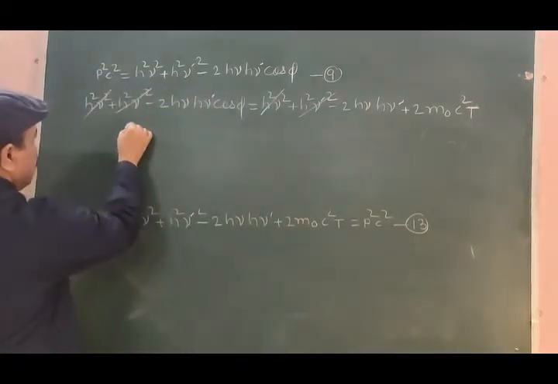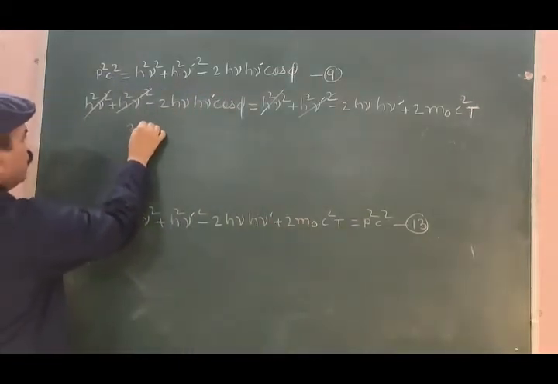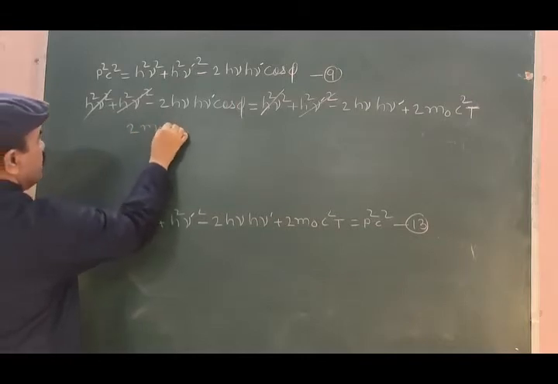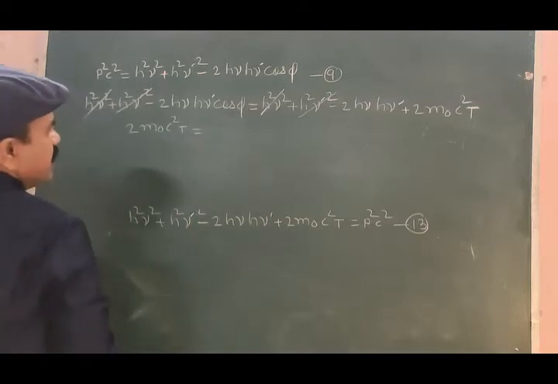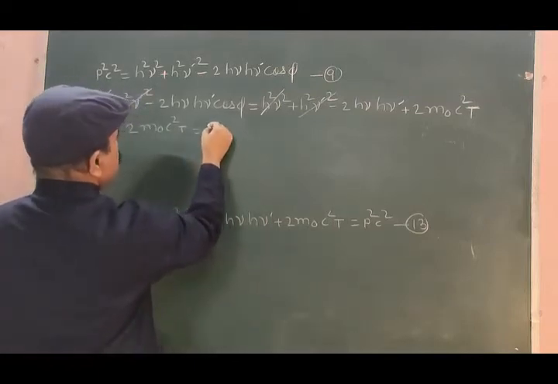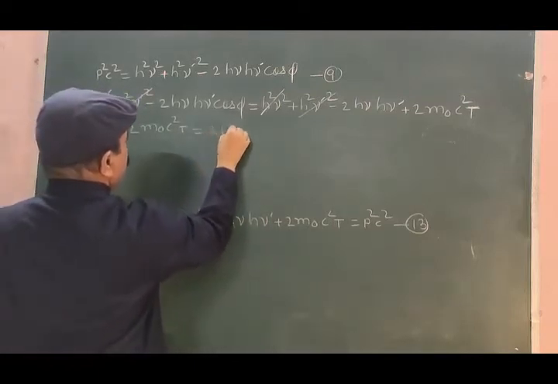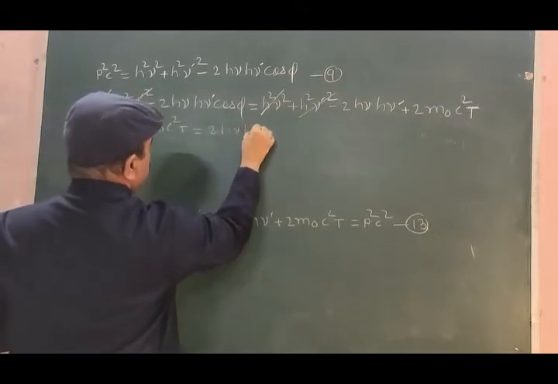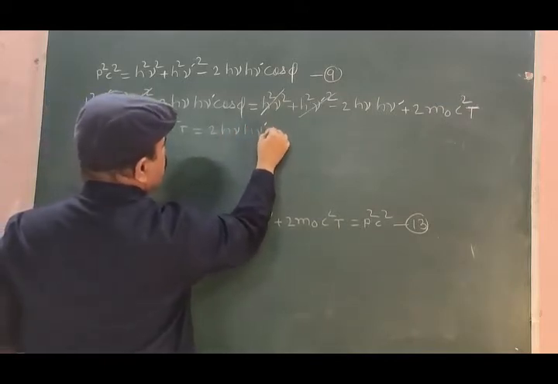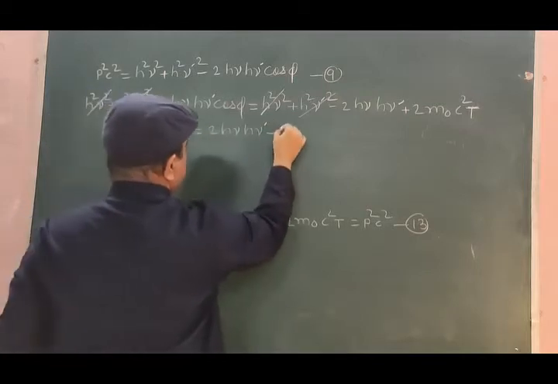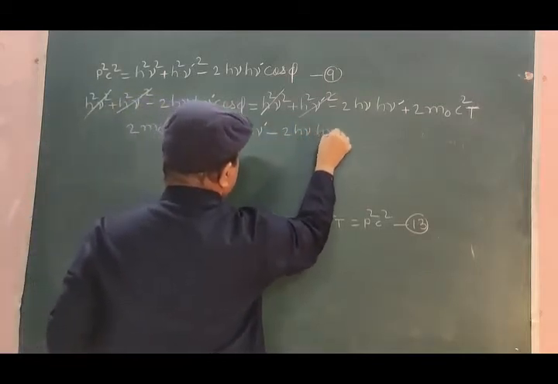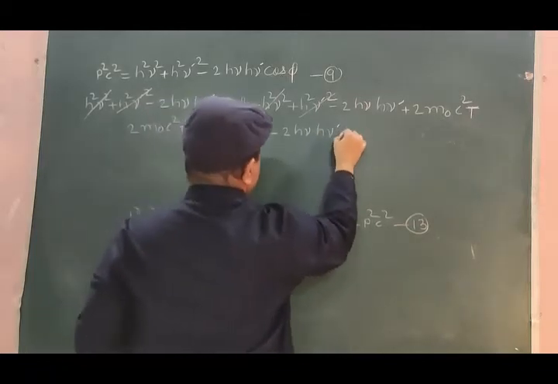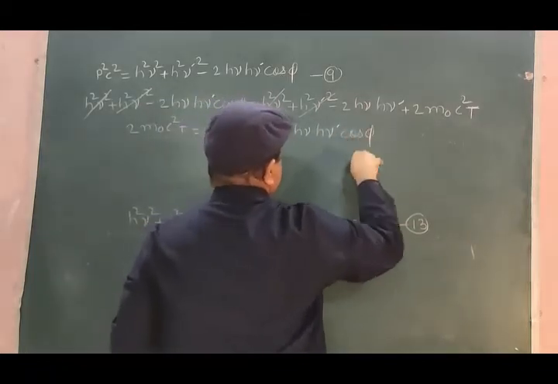So, this equation will be 2 m0 c square T is equal to 2 h nu dash minus 2 h nu dash cos phi.